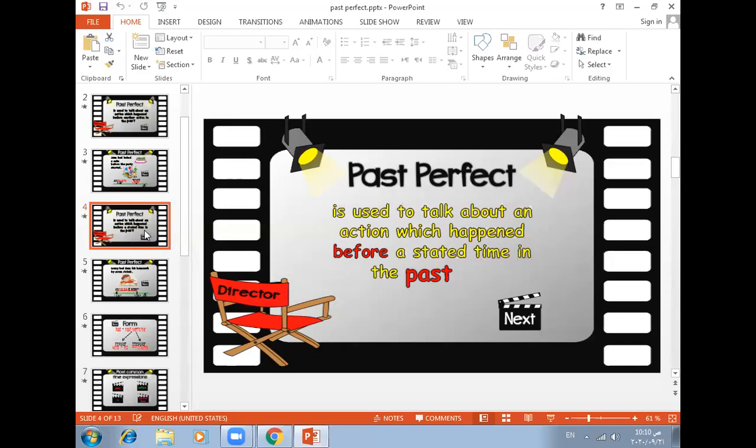Okay. We use past perfect to talk about the action that happened before a stated time. Before 7 o'clock, I had finished my homework. Before that certain time, I had finished my homework.